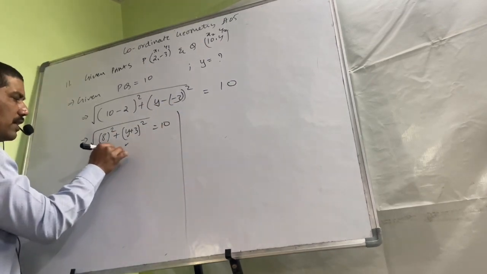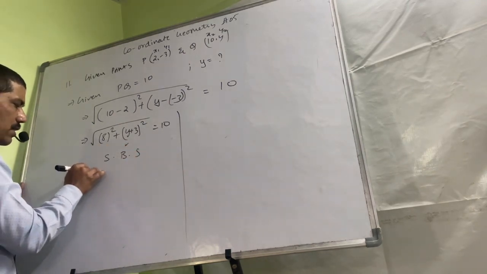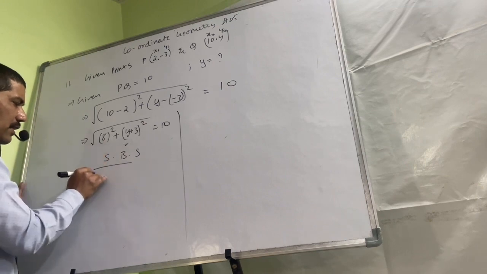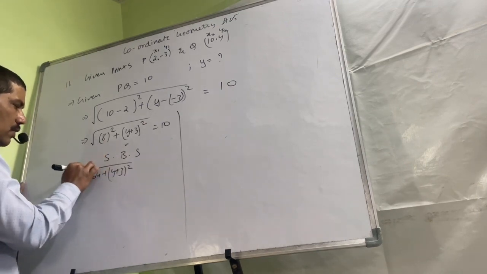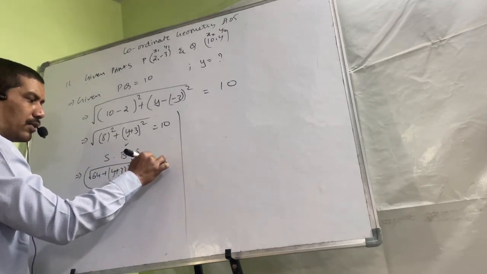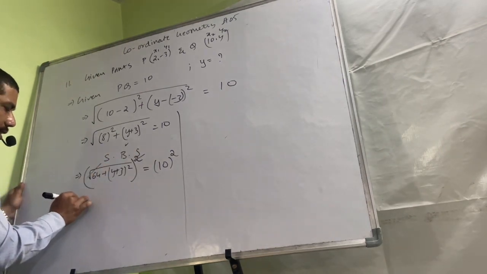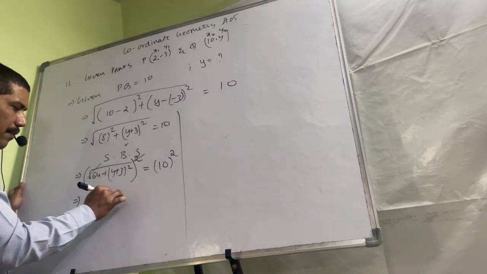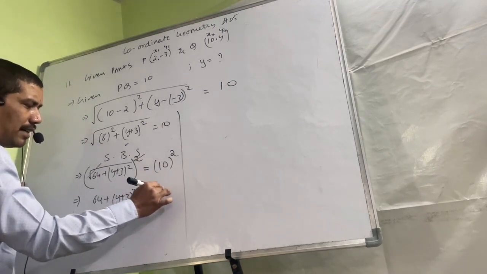Now we'll do squaring on both sides. Now 8 square is 64, and this y plus 3 whole square we'll keep as it is for a while. Squaring on both sides means here also you should write whole square. Square and square root cancel. So 64 plus (y plus 3) whole square equals 10 square, which is 100.